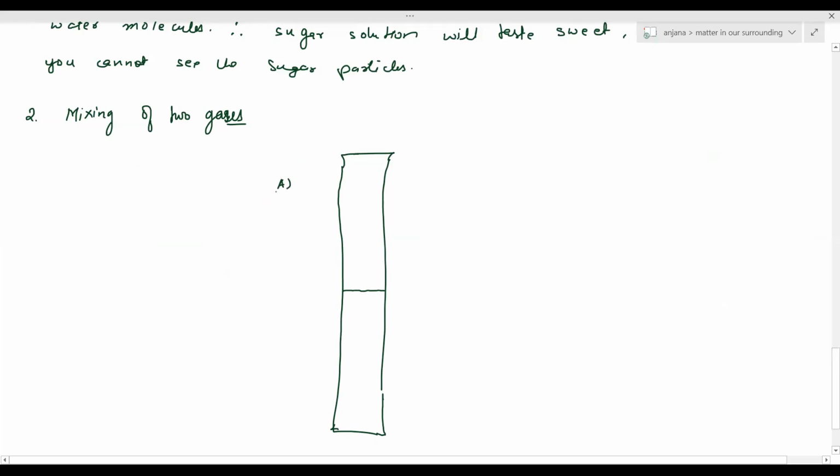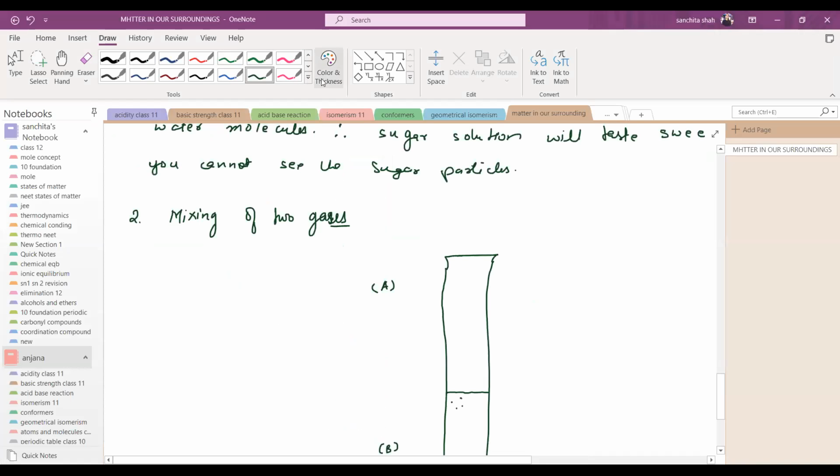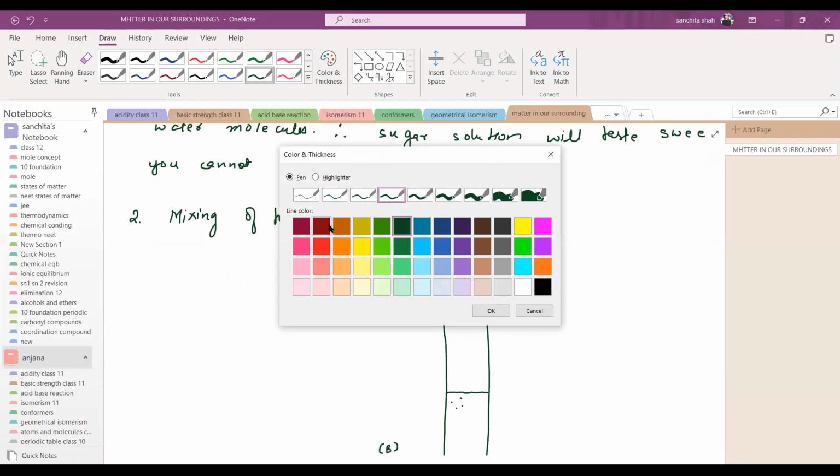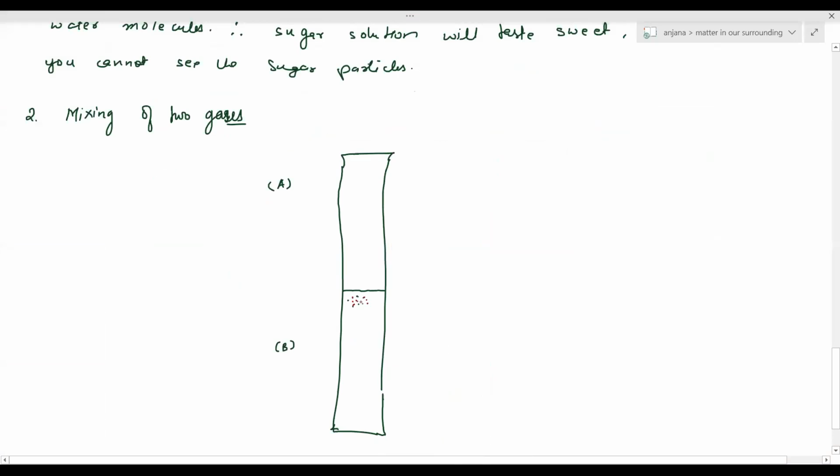This is your part A and this is your part B. Let's say part B is filled with a gas known as bromine. The color of bromine gas is brown. You can see this gas because it has colored particles which are brown in color.